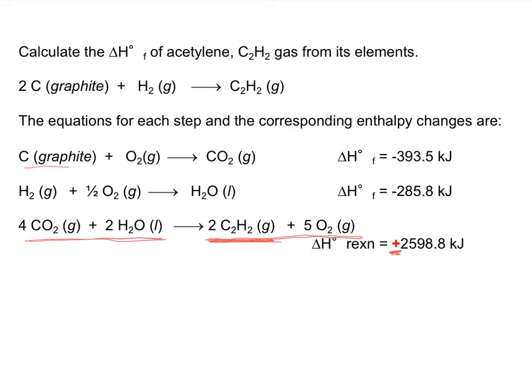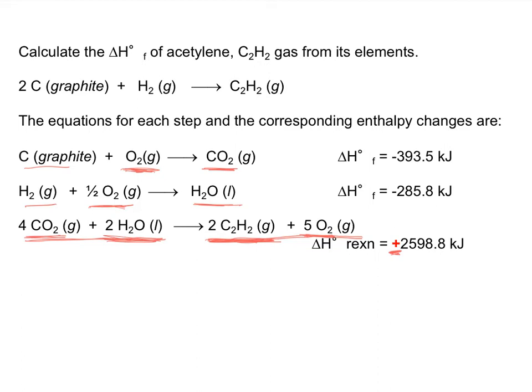We check the others. We have carbon, hydrogen, and acetylene, and we don't want oxygen, and we have oxygen as a product and as a reactant. We also have carbon dioxide as a product, but carbon dioxide as a reactant, water as a product, and water as a reactant.